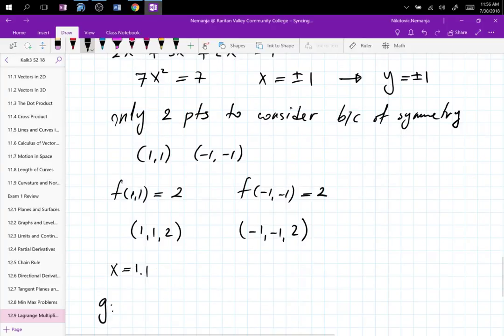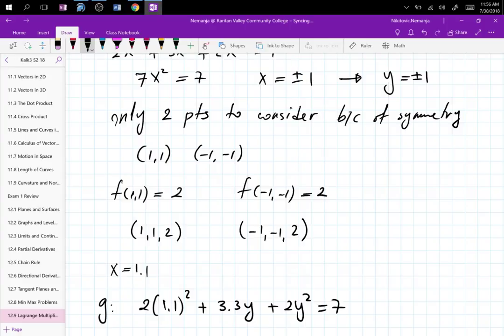So from the g equation I have 2 times 1.1 squared plus 3.3y plus 2y squared is equal to 7. And you see that you are getting a quadratic equation which is going to give you 2 values for y. Exactly what I need. But we only compute 1 because when you square it, it's going to be the same, so who cares?